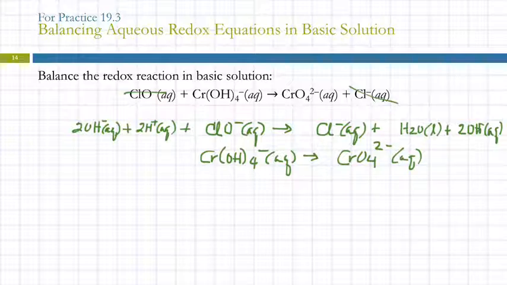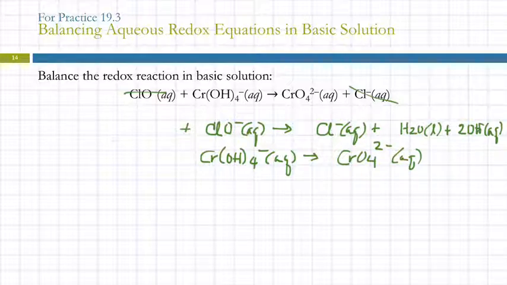I think it makes the rest of it simpler if you combine some things right now. So 2 hydroxides and 2 hydrogen ions makes 2 water molecules. So I'm going to write that in there instead. And I've got 2 water molecules on this side and 1 on that side.